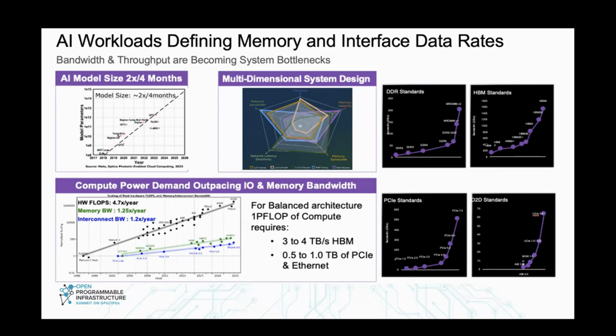In the past, each of these standards used to have a lifetime of 3 to 4 years. But with the current trend and how AI is evolving, there is a churn of each standard in 18 to 24 months. In order to meet the requirements, the data rates are increasing exponentially.